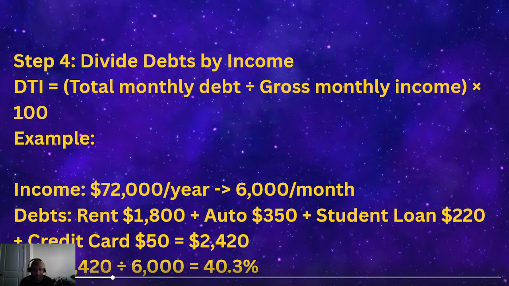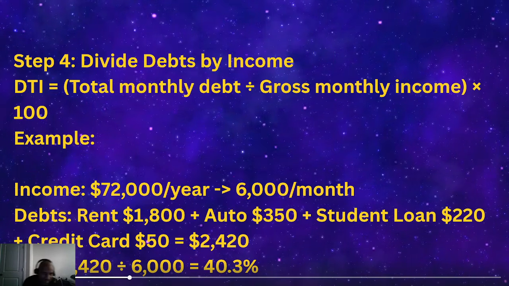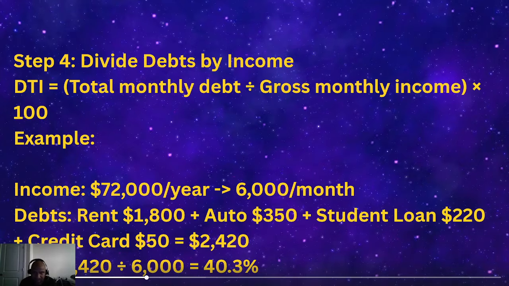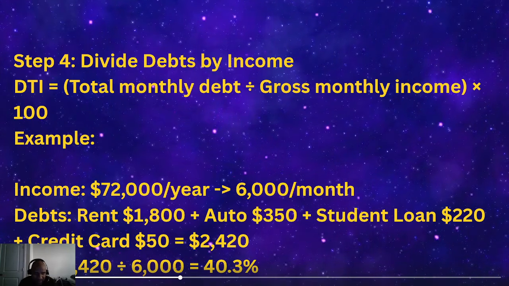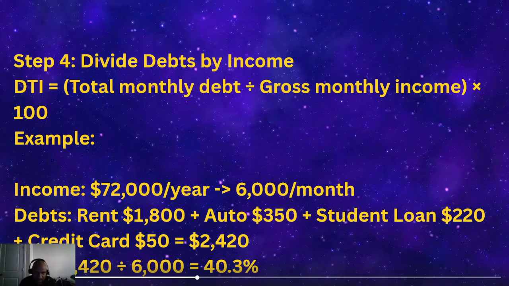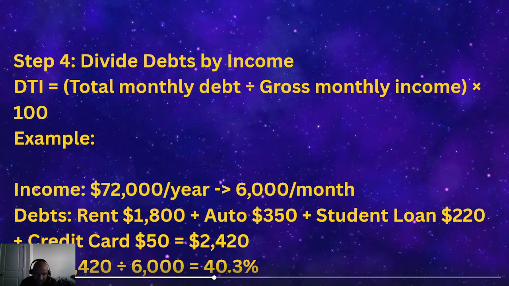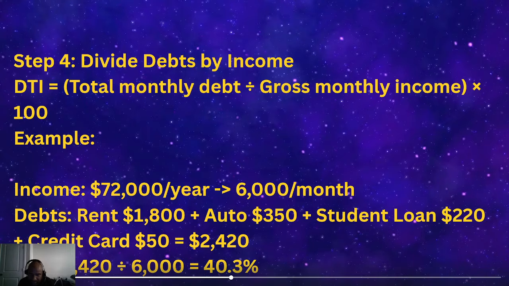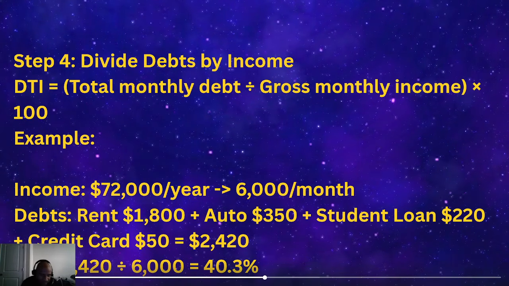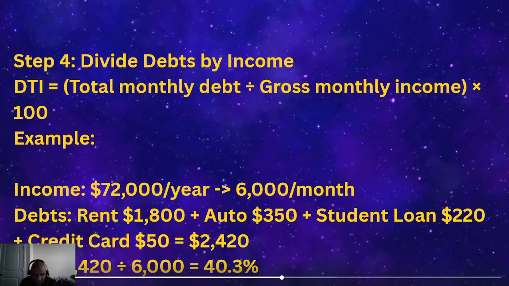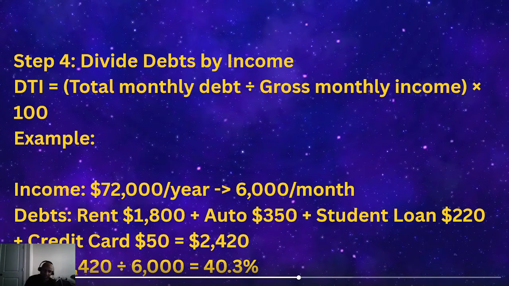Here's an example. Say hypothetically you're making $72,000 a year, which is $6,000 a month. Your debt comes out to be: your rent is 1,800 plus your auto payment is 350, your student loan is 220, and your credit card is 500. So that's a total of 2,420.